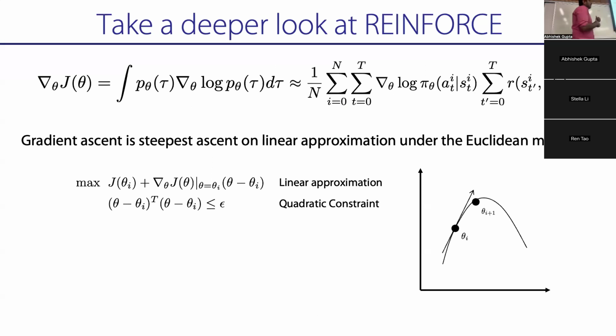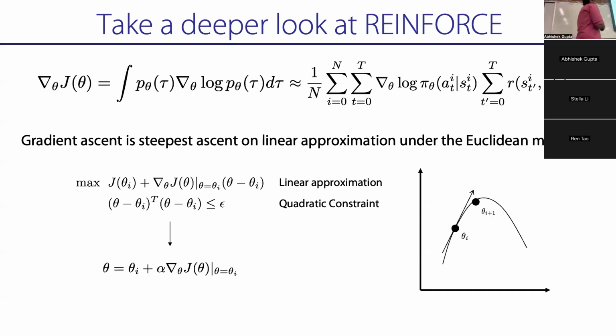But then we said there's another issue beyond reducing variance. If you're doing gradient ascent, which is basically steepest descent on the Euclidean norm, on a quadratic constraint, that's going to be very sensitive to the policy parameterization. If you reparameterize your policy, the gradient looks super different.